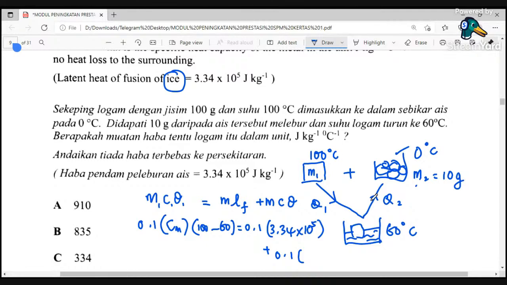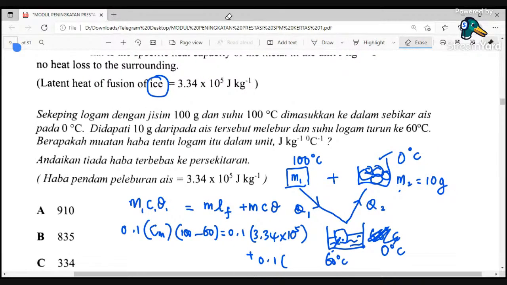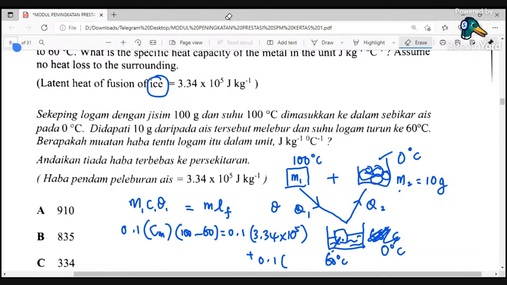I think there's a mistake here. So means this 60 is for this one. This is not yet equilibrium, belum equilibrium. So final temperature for the metal plate is 60, but for ice still 0. Masih lagi sebab heat supplied just to melt the ice. So kita tak ada mc theta. So make sure jangan salah.